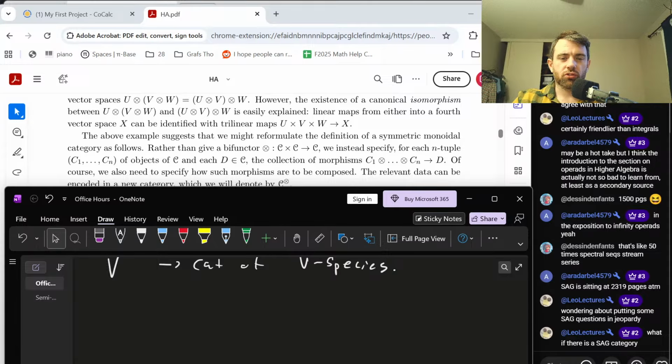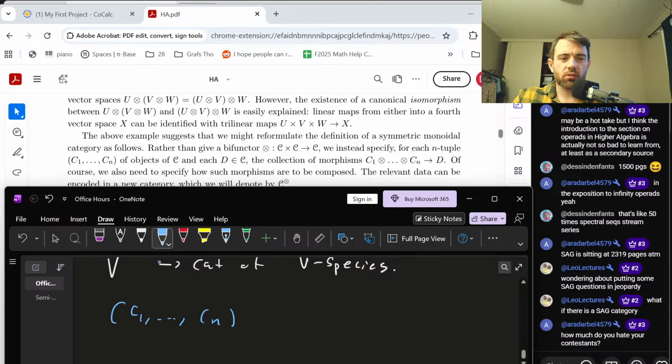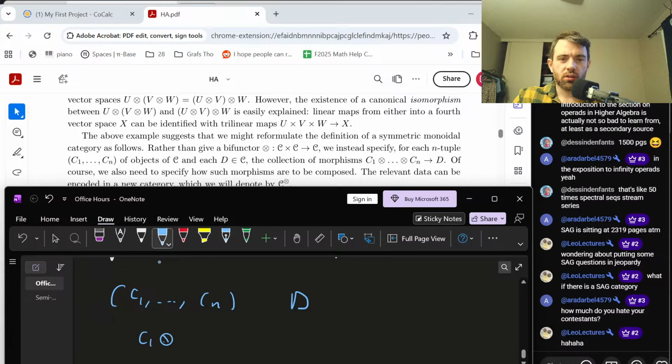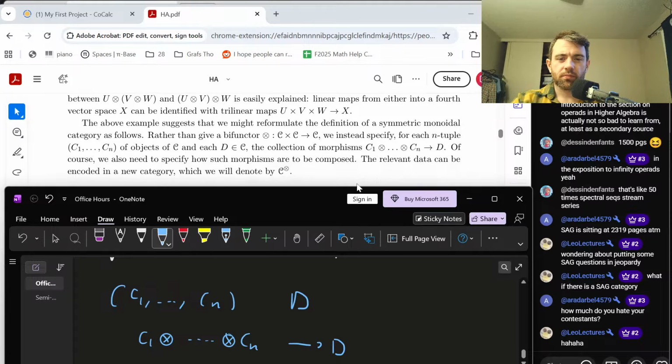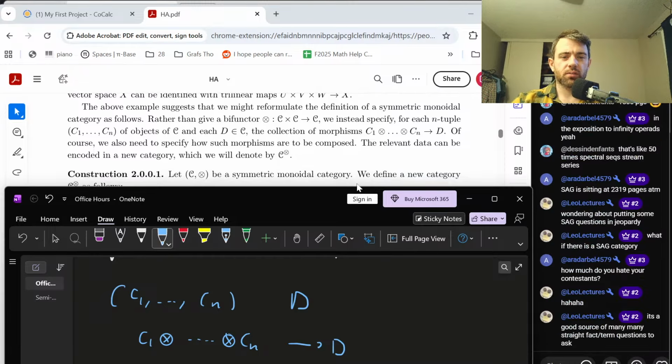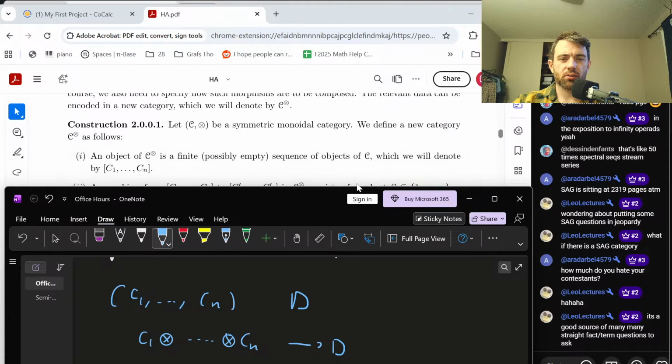So this example suggests we might reformulate the definition of a symmetric monoidal category as follows. Right, we specify for each n-tuple and each d a collection of morphisms. The relevant data can be encoded in a new category.